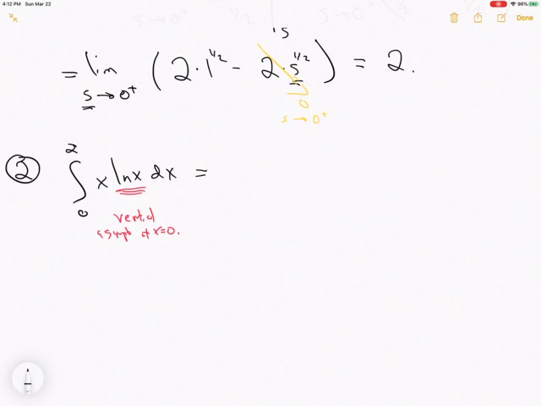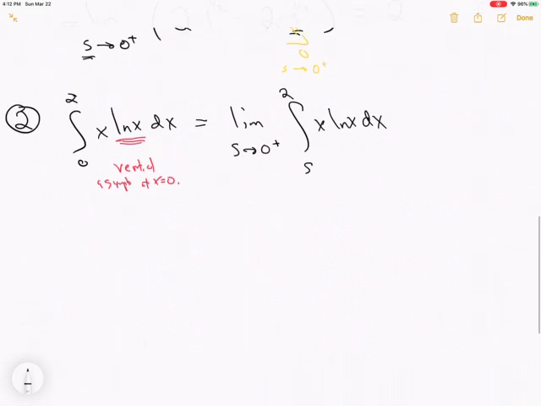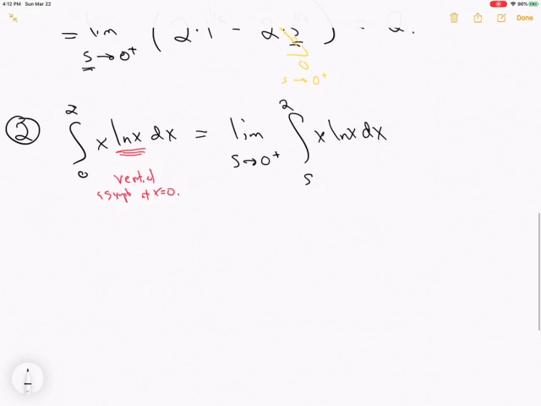So how do we deal with this? We take the limit as some parameter s approaches 0 from bigger numbers of the integral from s up to 2 of x natural log of x dx. And now we'll actually just use integration by parts to do this.